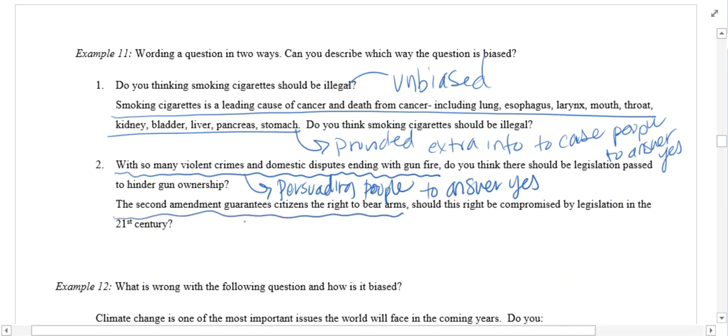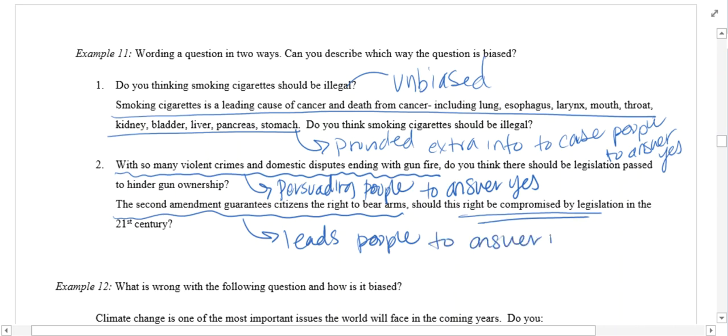This is persuading people, do you think this right should be compromised by legislation? I mean, even that too, this right should be compromised. That definitely leads people to answer no. So in this case, both of them were biased. It wasn't an unbiased question.